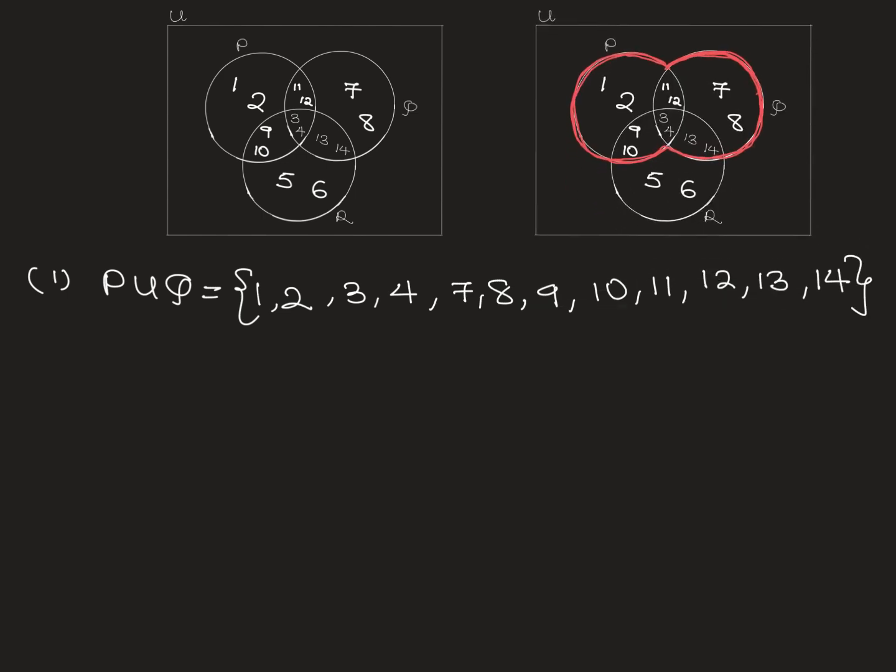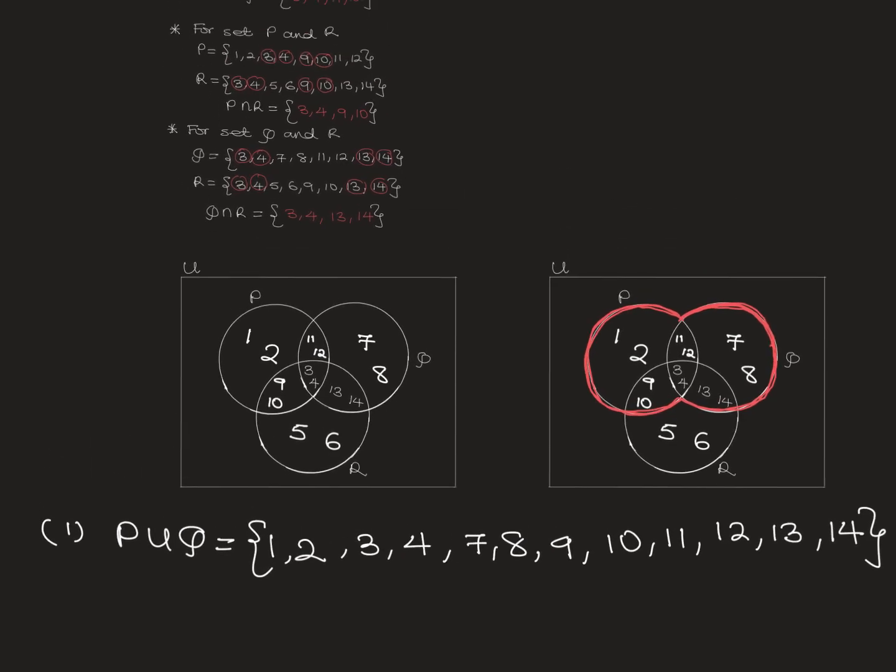Okay, 1, 2, 3, 4, 5 and 6 are outside. So you have 7, 8, 9, 10, 11, 12, 13, and 14. That is the correct answer for P union Q.